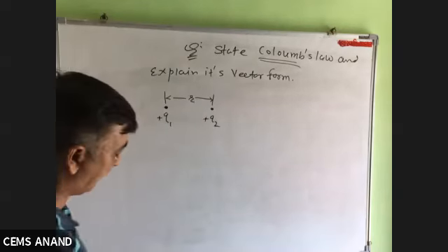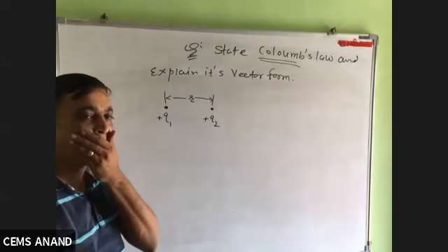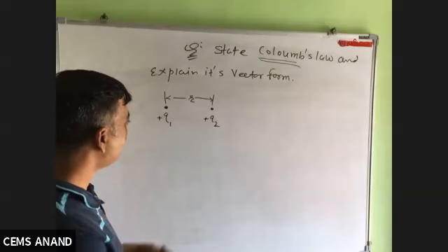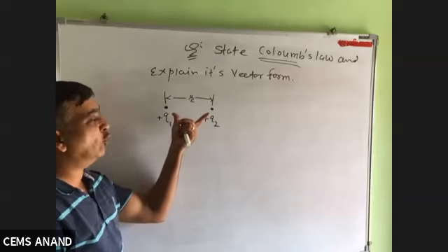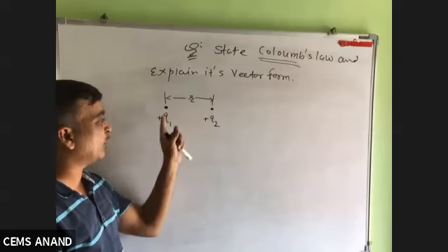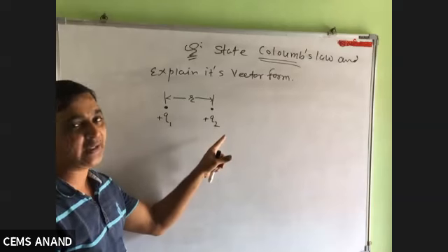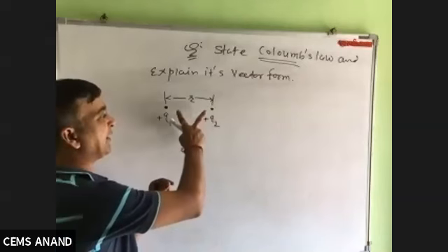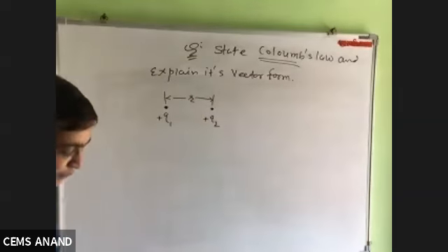Now just focus on the board first. Stop writing and focus on the board. Let me have 2 point-like stationary charges, Q1 and Q2. We can see both of them are positive and they are separated by distance r.